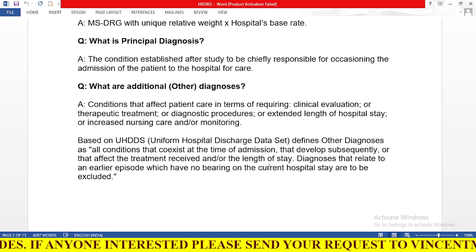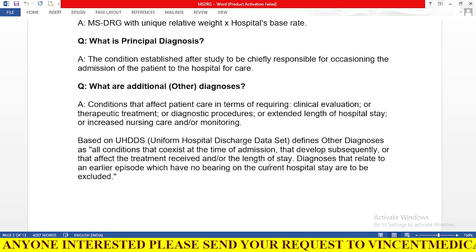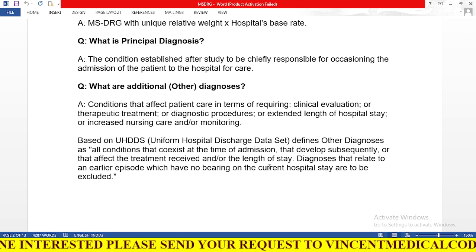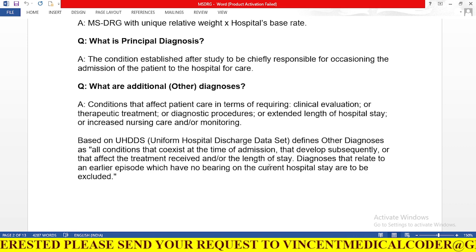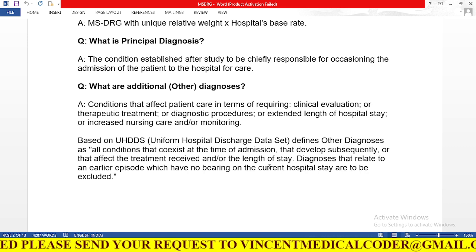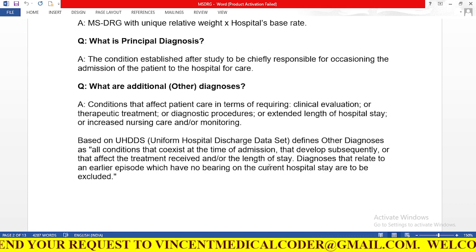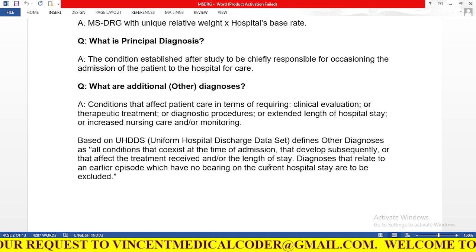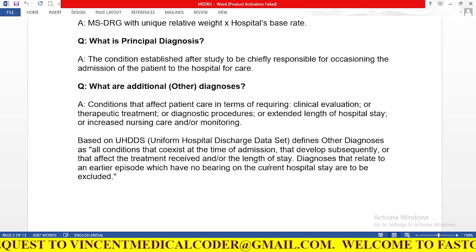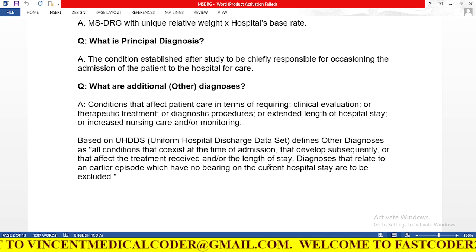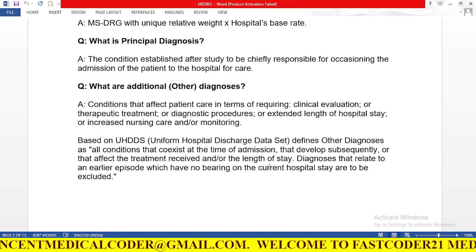Diagnoses that relate to an earlier episode which have no bearing on the current hospital stay are to be excluded. So we need to understand that prior conditions we can't consider as secondary diagnosis. The conditions which are present at the time of admission we can consider as secondary or other diagnoses.